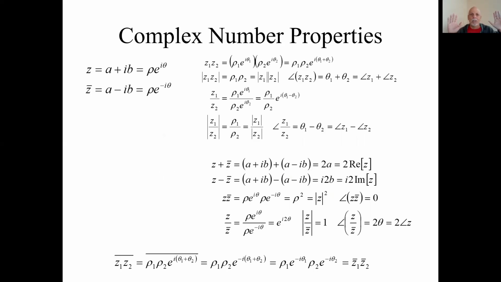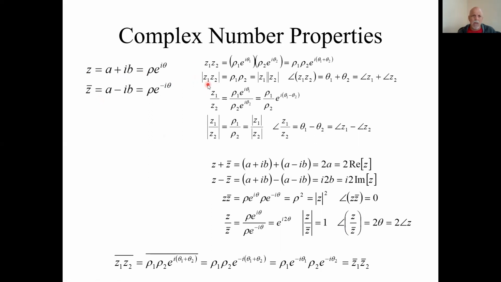I'm not going to explain everything on this chart. Don't be too scared. So here's a complex number, rectangular coordinates, phasor form. Complex conjugate, you just change the signs in the i parts. And we can do some manipulations. First, I'm introducing some notation here. These things that look like absolute value signs mean the magnitude.